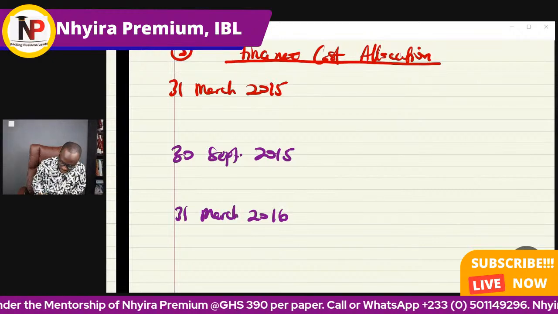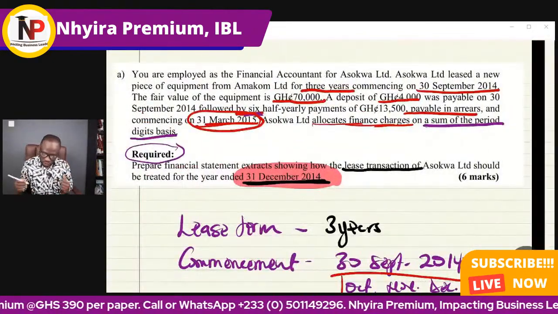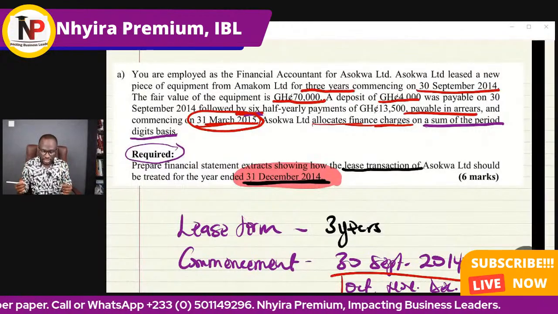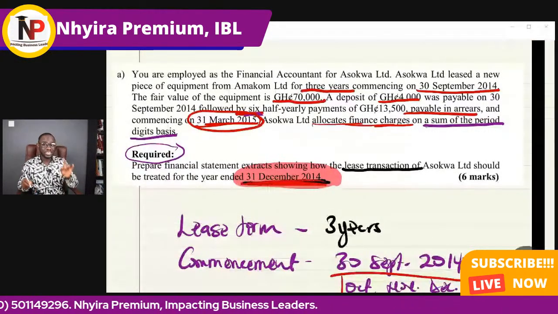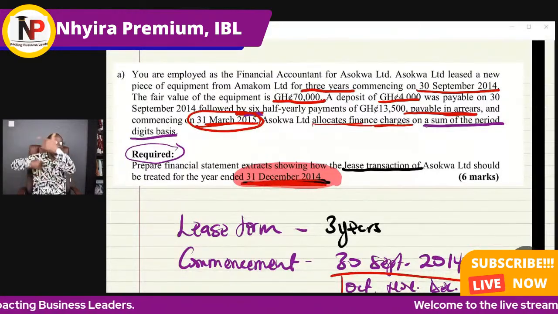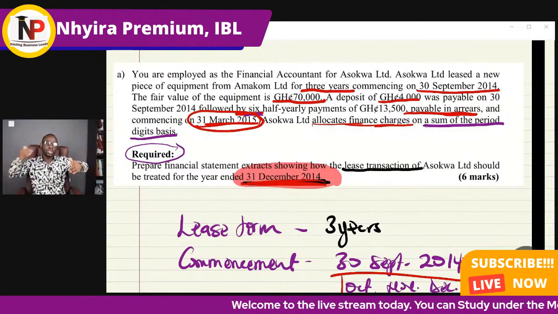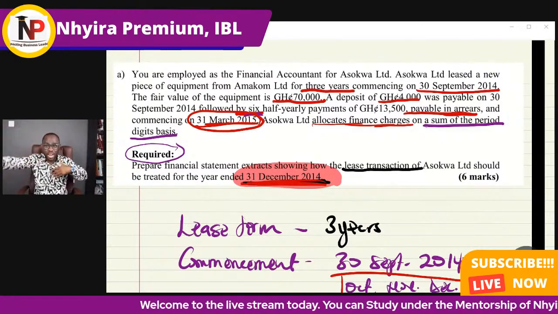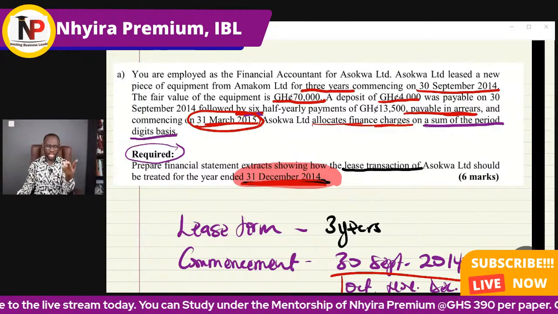Now I'm going to explain the mind behind what we are doing. Listen carefully. The idea here is that we are preparing the financial statement for 31st December, and the company makes the payment in arrears. If you remember our amortization schedule, when payments are made in arrears, we have to do the workings for 2 periods or 2 years.